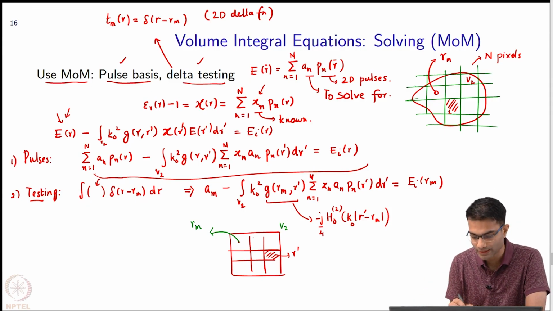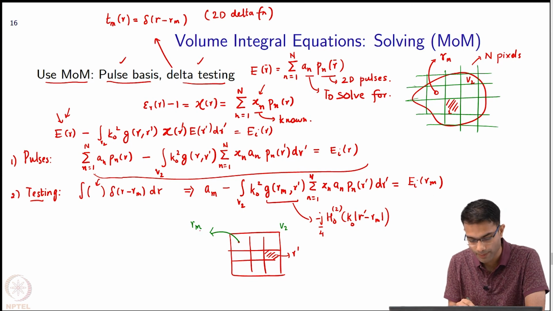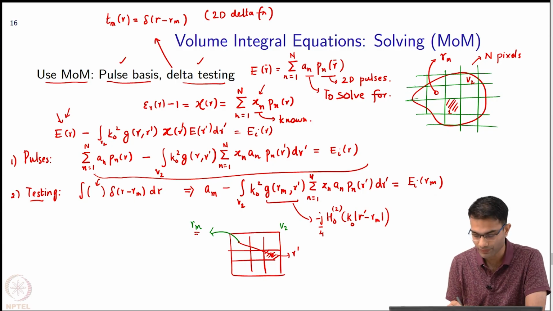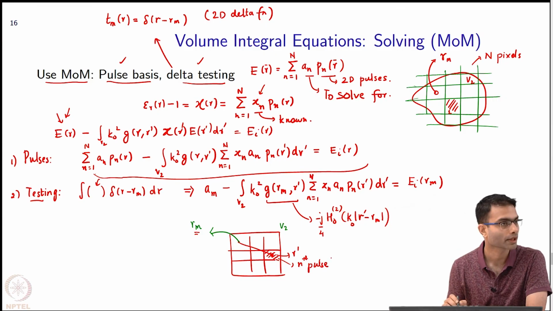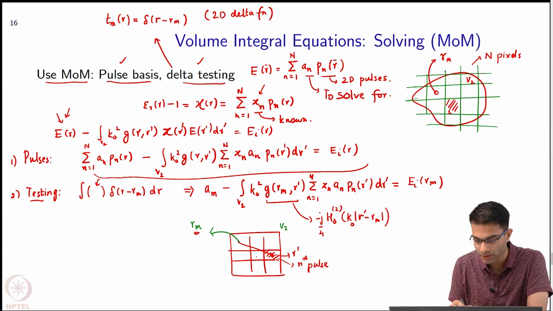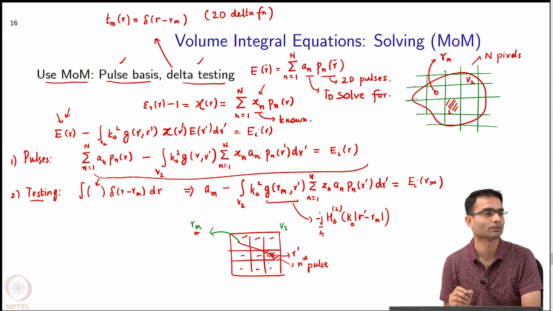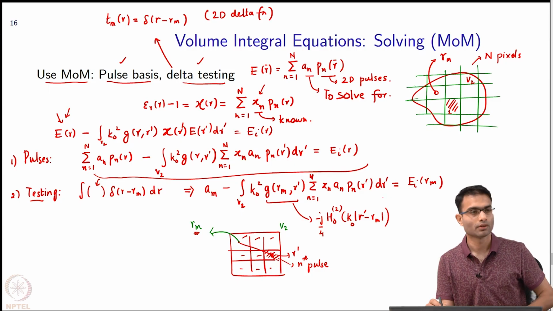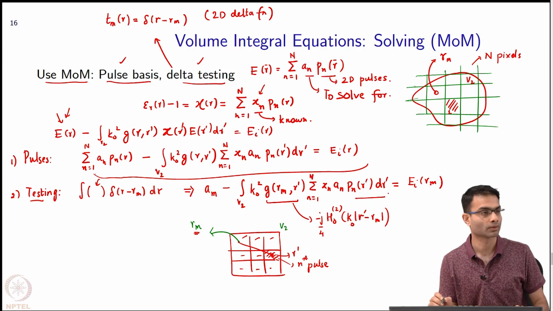When I am doing this integration, r_m is being held constant. This distance is what is varying over where? Over this nth pulse, correct. So, I am holding r_m constant and integrating over this, then this, then this, over all of these pulses one by one. That is the meaning of the left hand side, the second term over here.